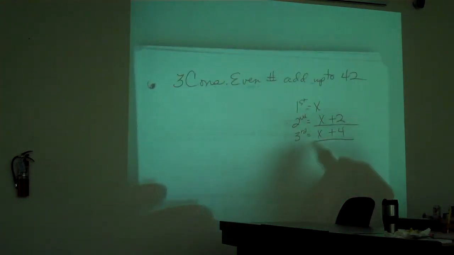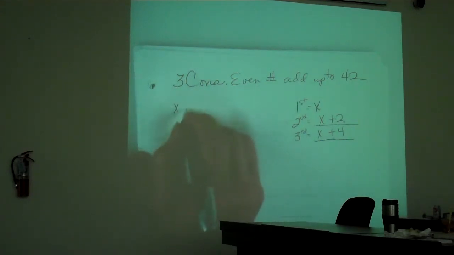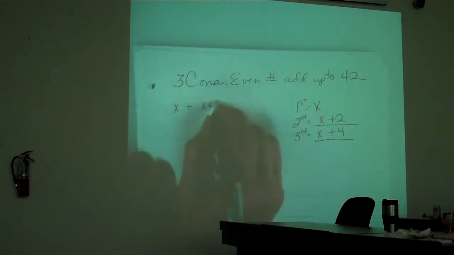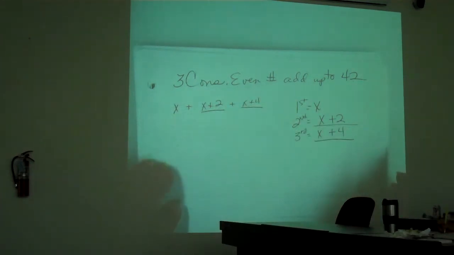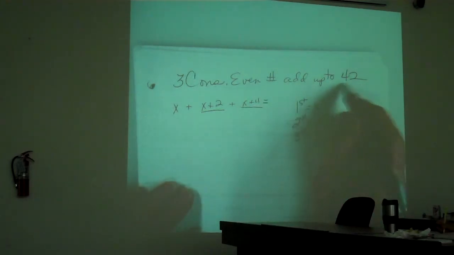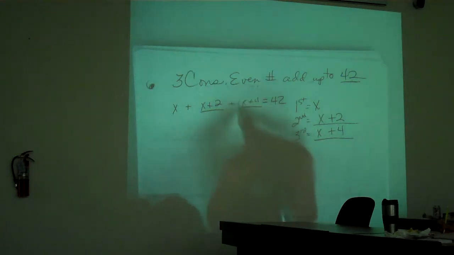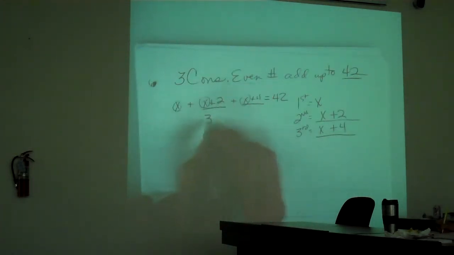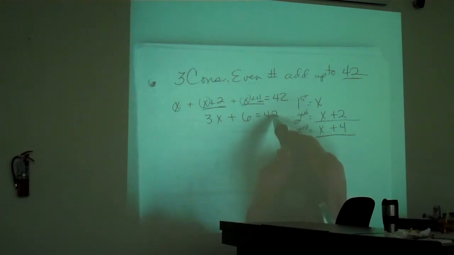So we're going to add these three numbers to get 42. So x plus x plus 2 plus x plus 4. That's the three numbers, and they add up to 42. So you have 3x plus 4 plus 2, 6, and write equals 42.